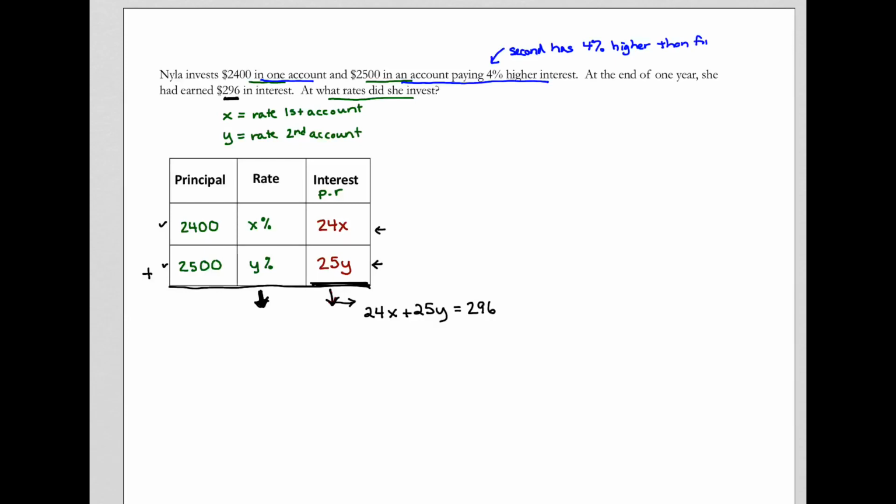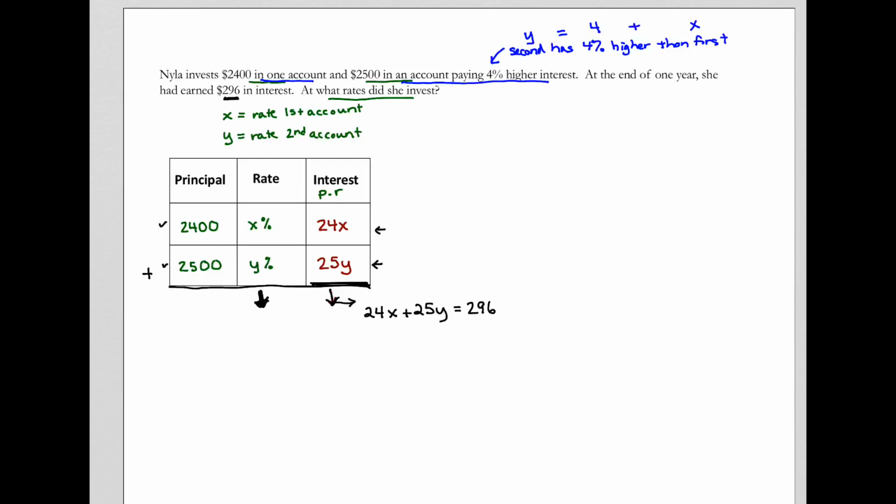And how do we translate that into an algebraic expression? Well, the second account's rate we were representing with the letter y, and the first account's interest rate we were representing with the letter x. And so this translates in my head to saying y% must be equal to 4% plus x%.